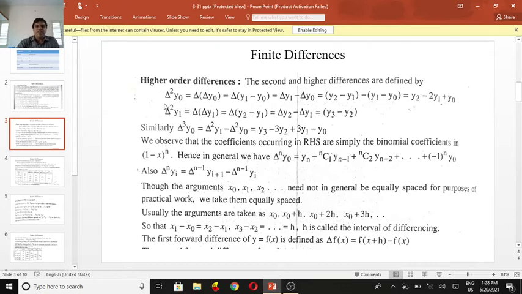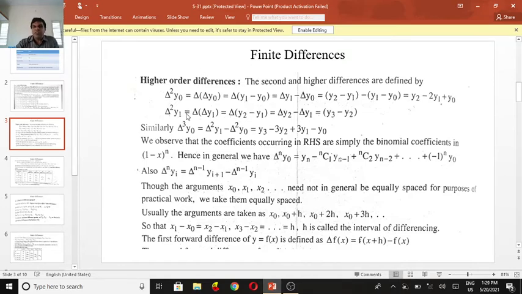We can write delta square y0 as delta of delta y0. Delta y0 is y1 minus y0, so applying again, delta y1 minus delta y0. Delta y1 is y2 minus y1 and delta y0 is y1 minus y0, so we get y2 minus 2y1 plus y0.